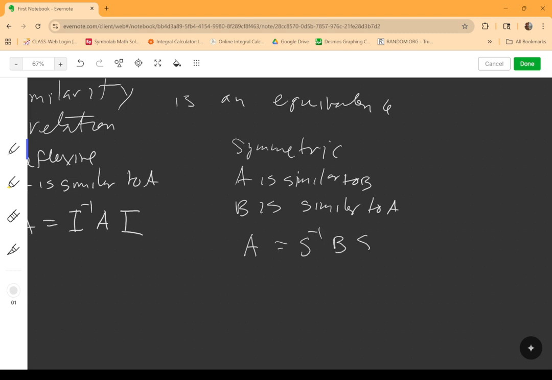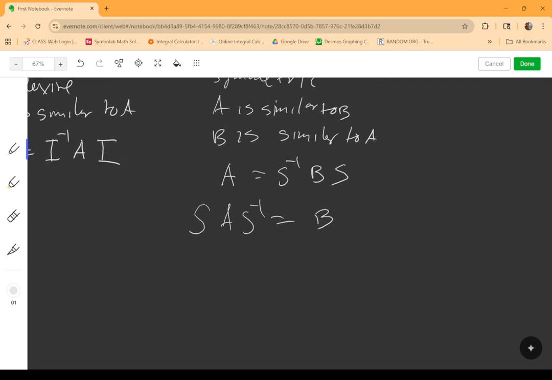But S is a non-singular matrix, so through left and right multiplication, we could write this as S A S inverse equal to B. So B is similar to A, and A is similar to B.